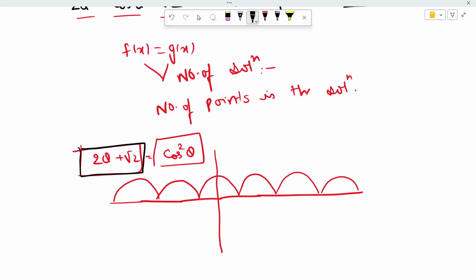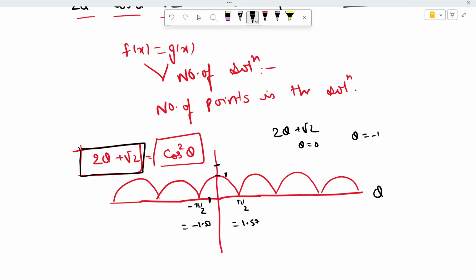So when you put 2 theta plus root 2, we know that this is minus pi by 2, that is equal to minus 1.57. This is pi by 2, that is equal to 1.57. Okay, and this is 1. Now when theta is 0, this value is root 2, something here. Now substitute theta equal to minus 1.